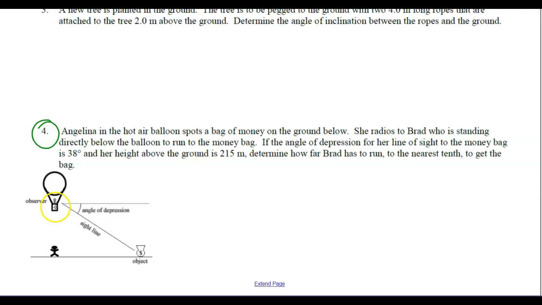So it forms a triangle, 90 degrees there, and tells him to run to the money bag. If the angle of depression for line of sight is 38, so we've even labeled it. So that means this is 38 degrees, okay? And her height above the ground is 215 meters. Determine how far Brad has to run. So that would be X there.